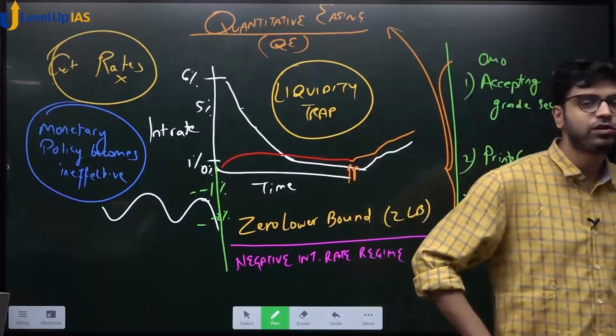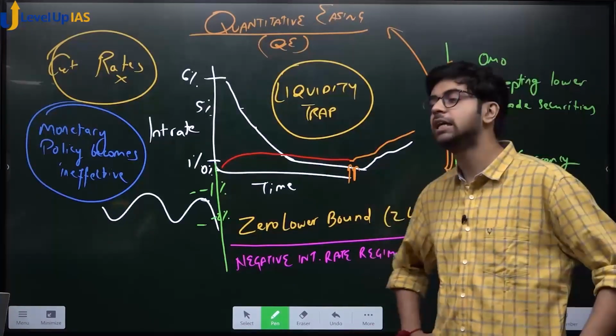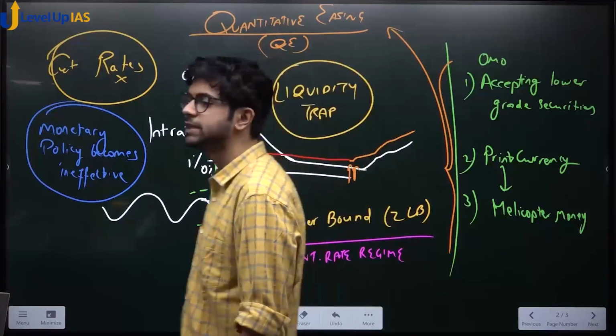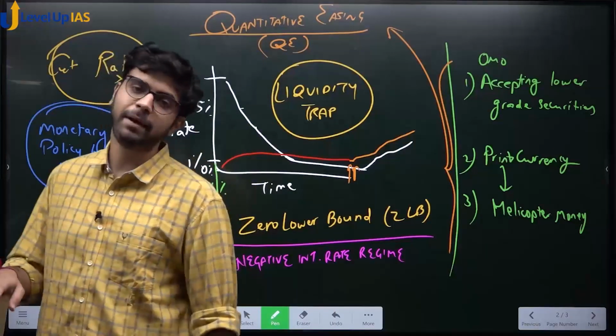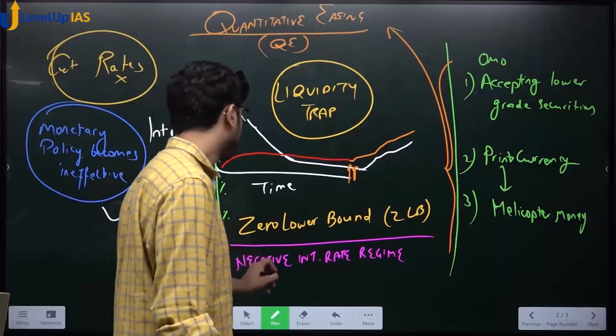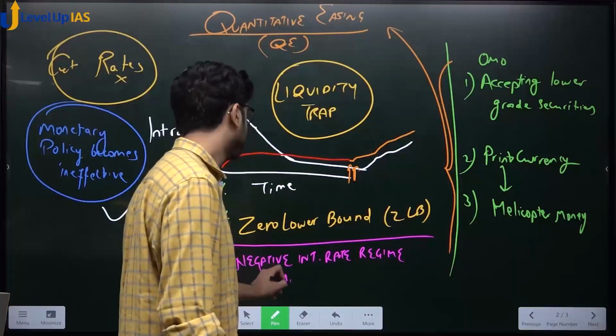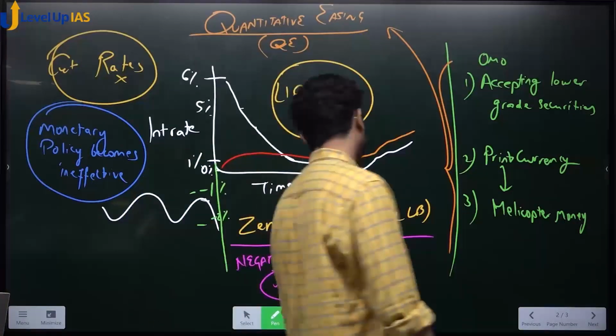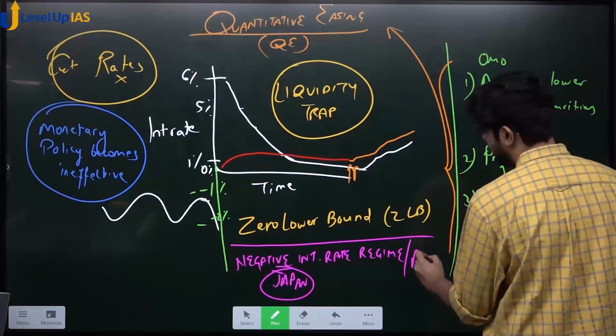The country which follows a negative interest rate regime in practice is nothing but Japan. Japan follows a negative interest rate policy, or you can say negative interest rate regime or negative interest rate policy. Same thing.